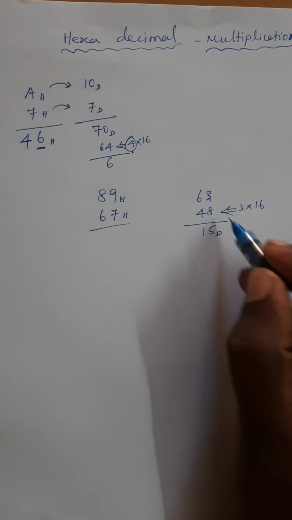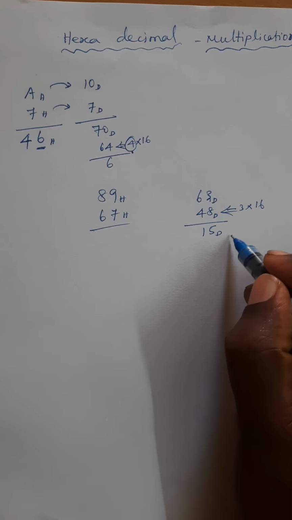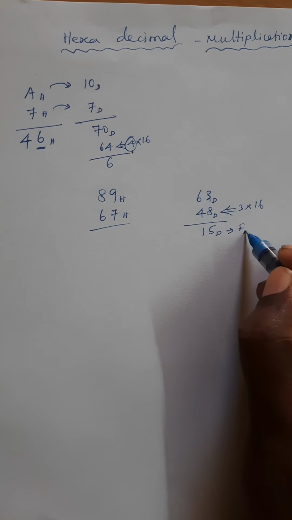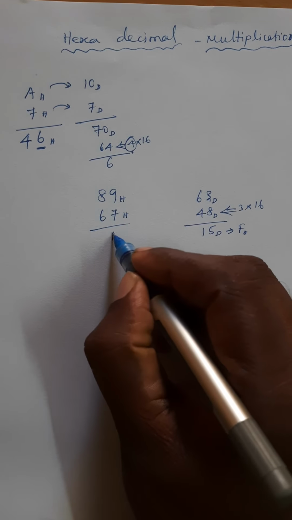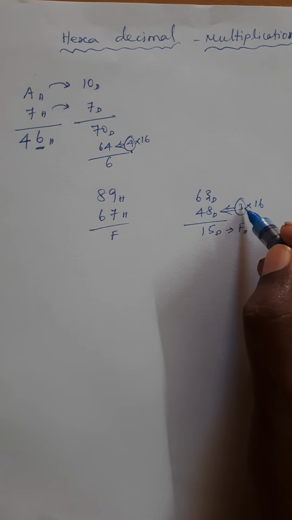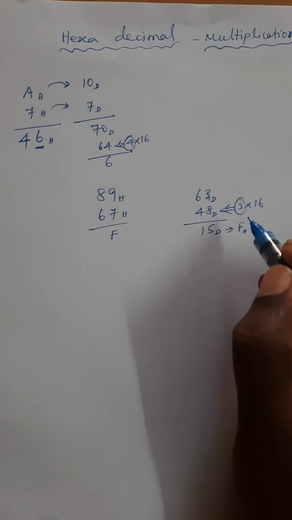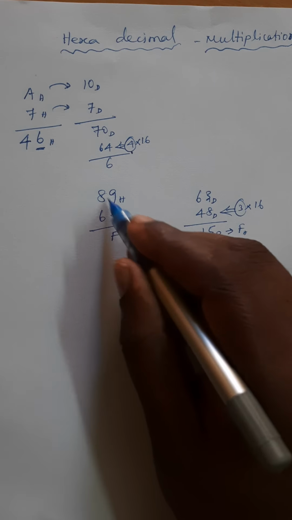This 15 is decimal, so we can't write this 15 back; we need to convert it into hexadecimal. So F is going to be the first digit, but we need to remember this carry 3. This carry 3 has to be added with another multiplied value.